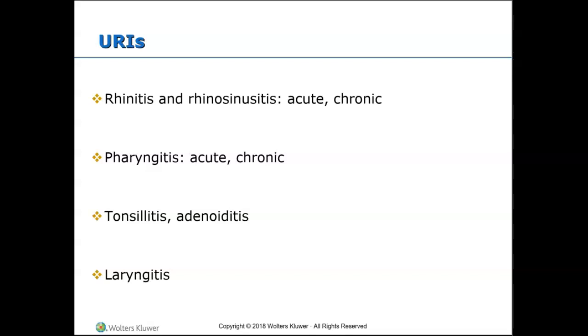Tonsillitis and adenoiditis are enlargement, irritation, or inflammation of the lymphatic tissue situated on each side of the oropharynx. Symptoms of tonsillitis and adenoiditis include sore throat, fever, difficulty swallowing, and snoring. Diagnosis to determine viral or bacterial is done with a swab or a culture of the throat.